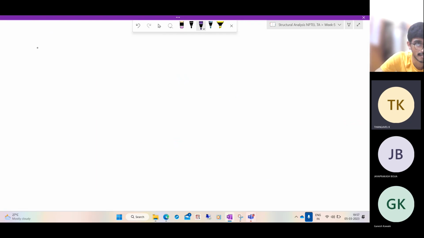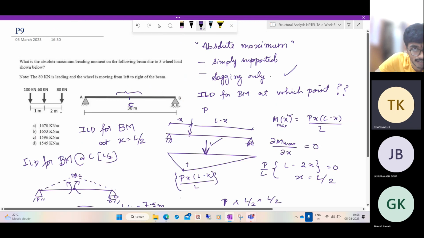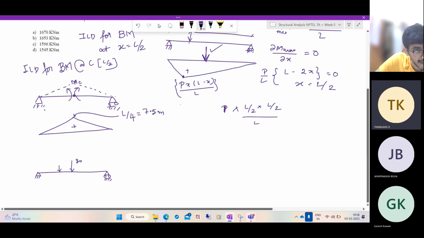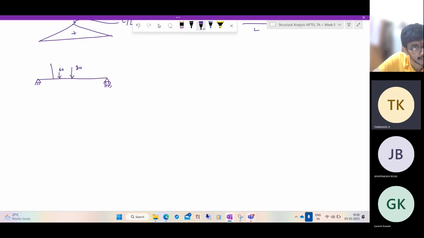First case, 80 kilonewton is at the center. 60 is 2 meters away, and 100 is 1 meter away. So see the question properly: this is 2 meters, this is 1 meter.